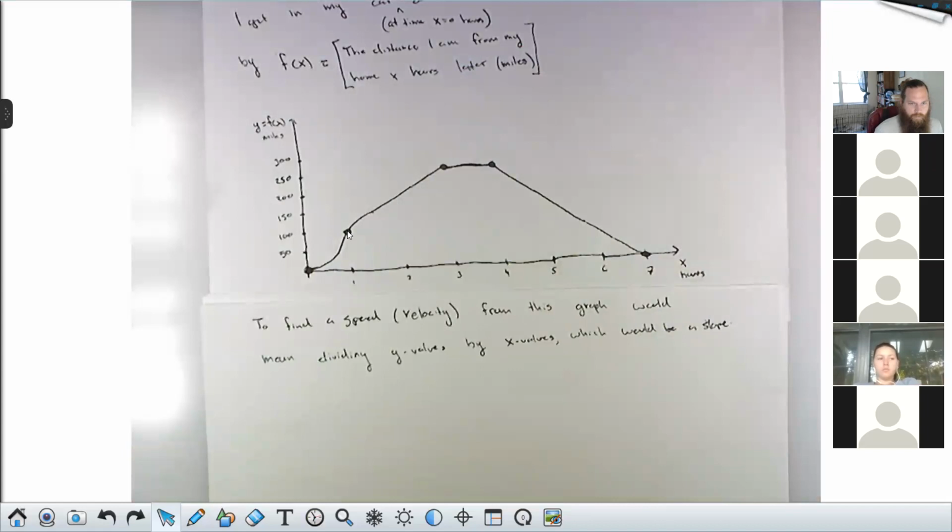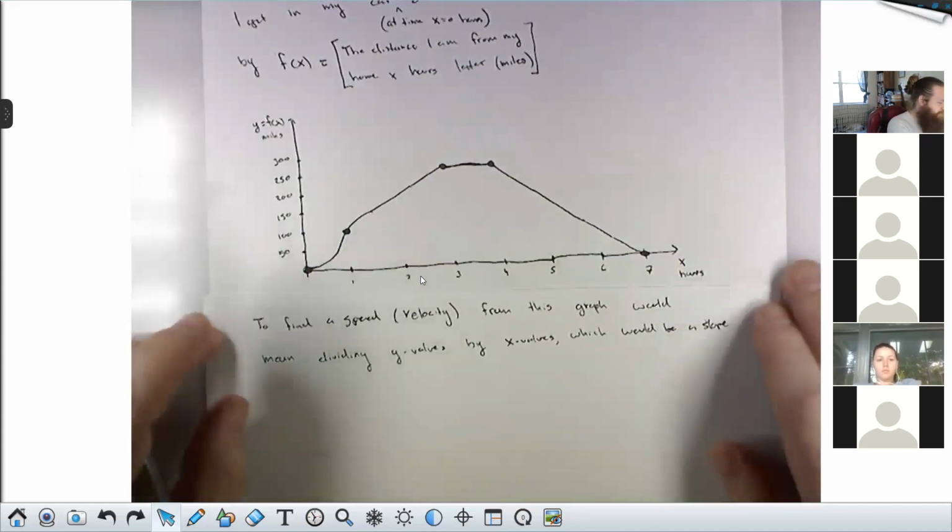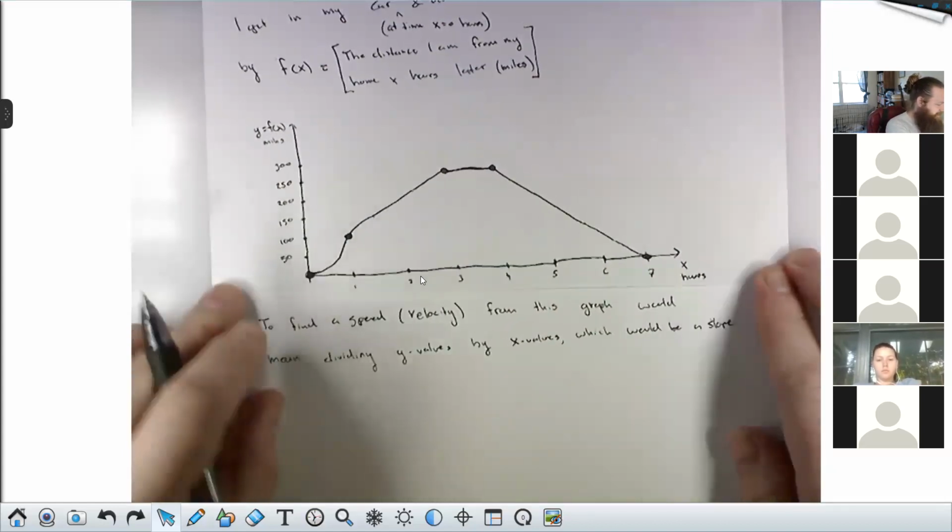So for example, and I think I've done something illegal here actually, because I think my average speed over that first hour might be higher than any speed limits in the United States.